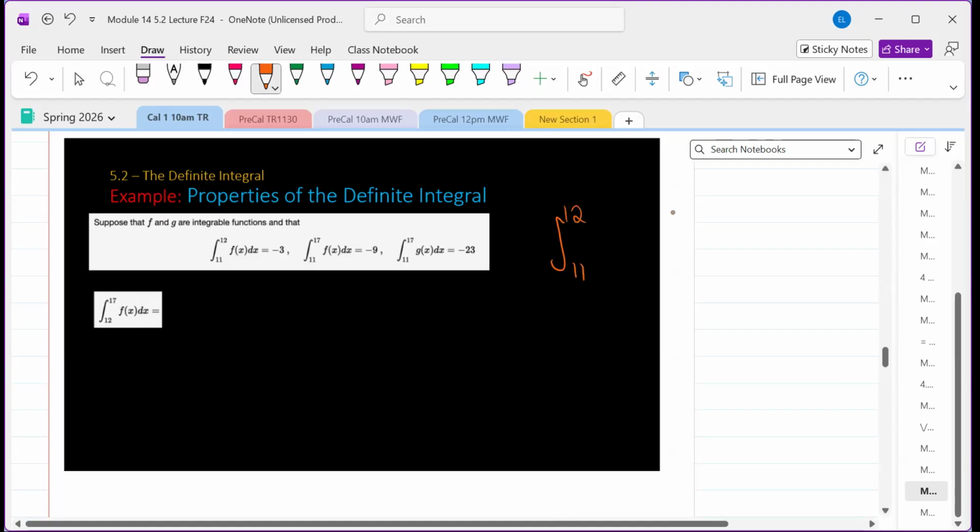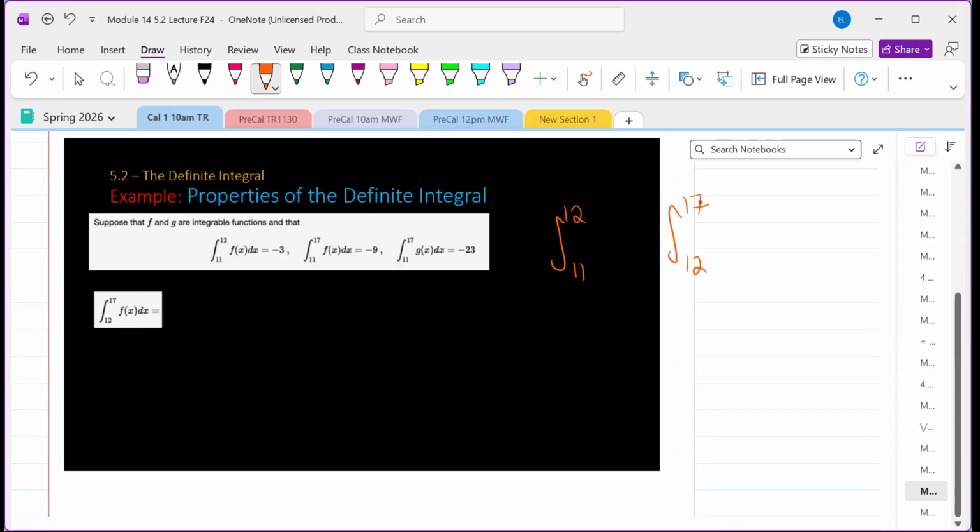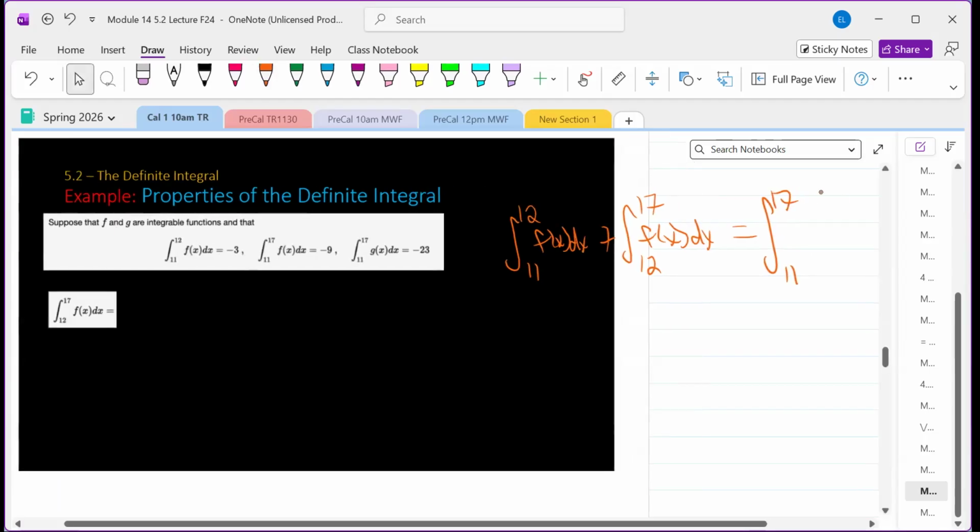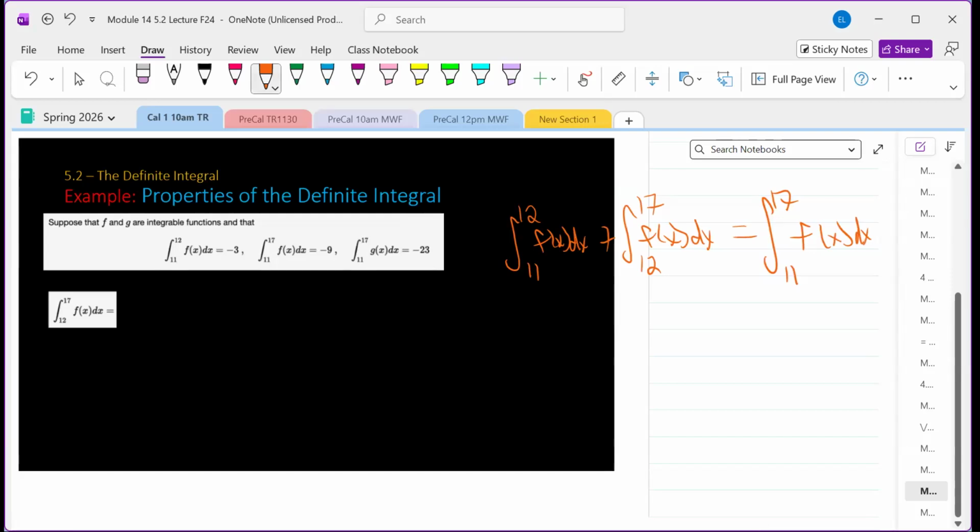If I have the bounds from 11 to 12, and then 12 to 17, and I add those two together, that equals the bounds from 11 to 17. Now, the one I want to find, though, is 12 to 17.